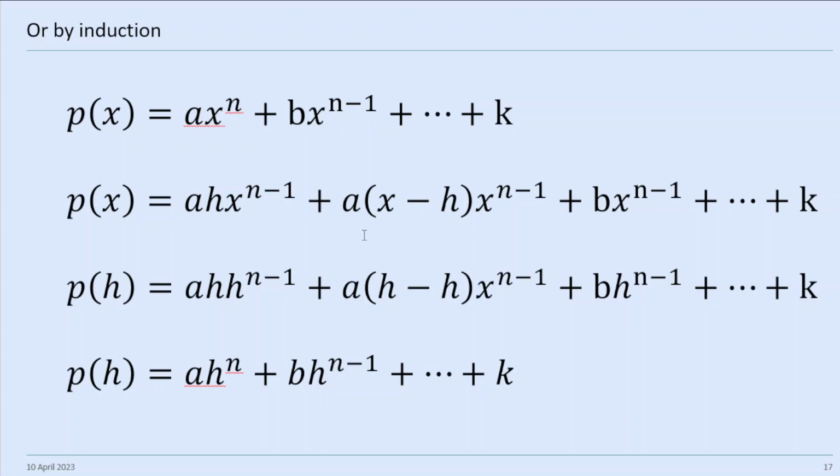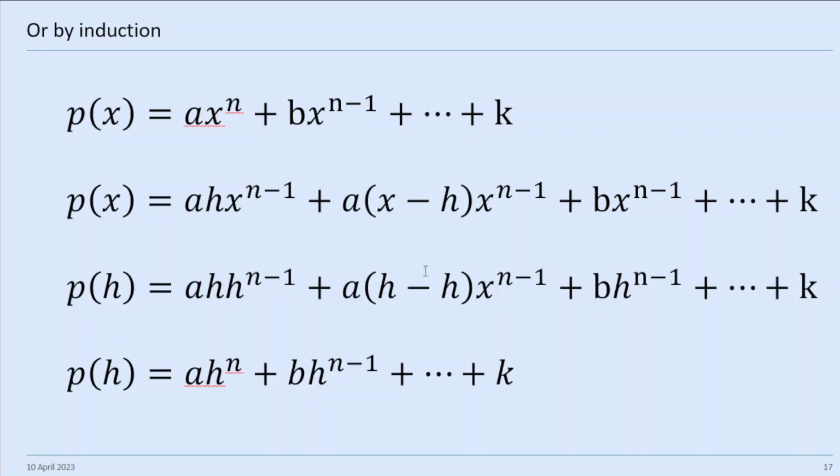if we think of the remainder when we divide by x minus h, the first term is just a polynomial of degree n minus 1. So by the induction hypothesis, the remainder is just a h to the n minus 1.